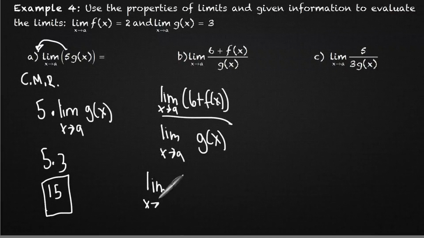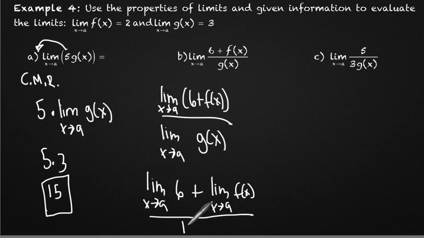So limit as x approaches a of 6 plus the limit as x approaches a of f of x, divided by the limit as x approaches a, I don't have room to write that, but you get the point, of g of x. Now, y equals 6 is just a constant function. It's just a horizontal line.